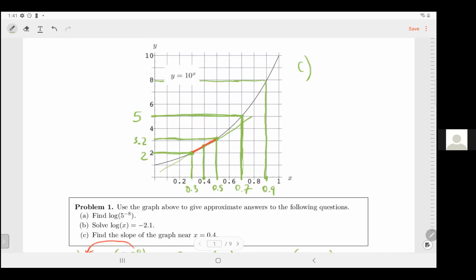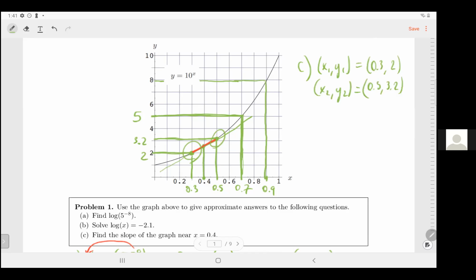So the slope of the graph, let's just label these 2 points. So x1, y1, we'll say was this point. So that's 0.3 comma 2. x2, y2 is 0.5 comma 3.2. That's that point.